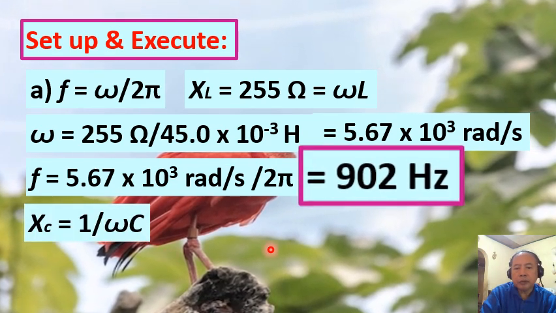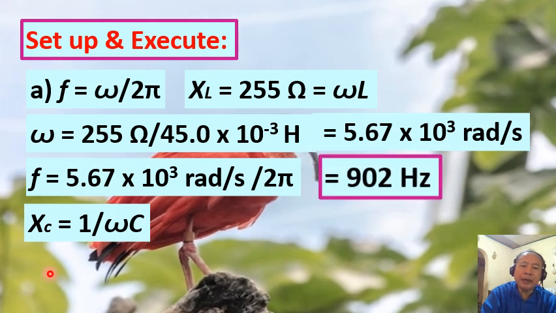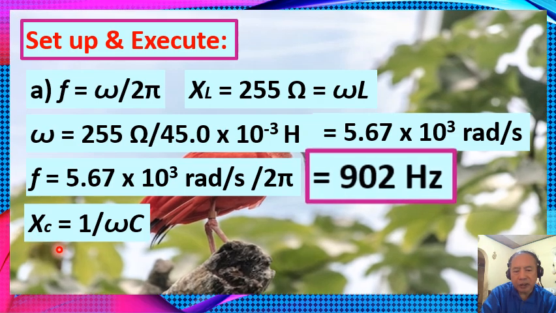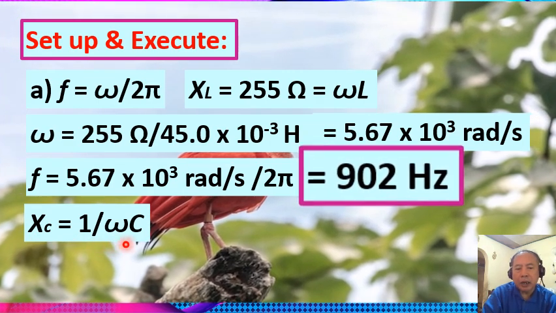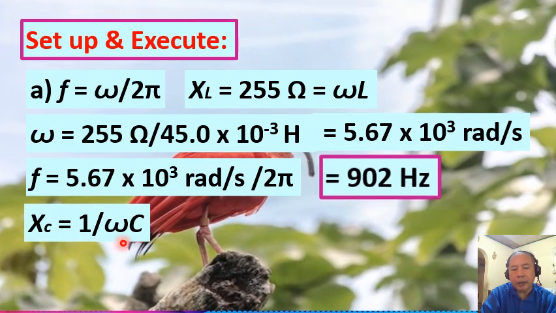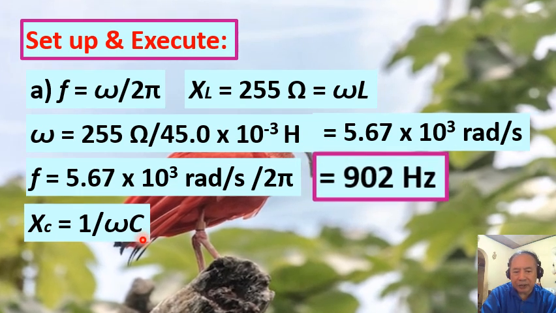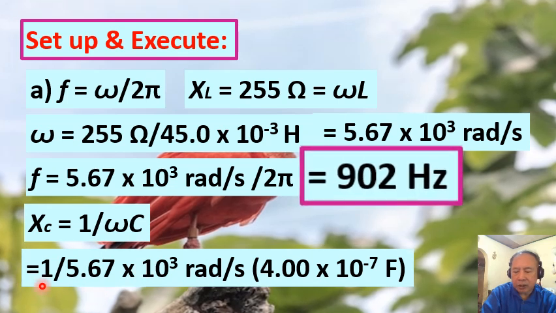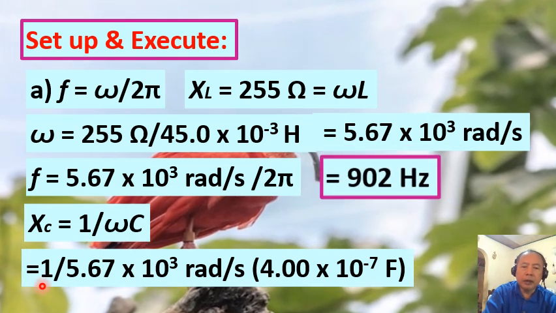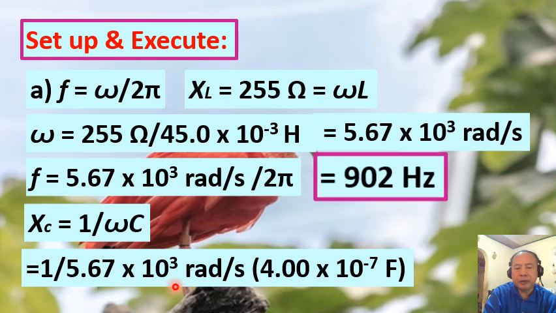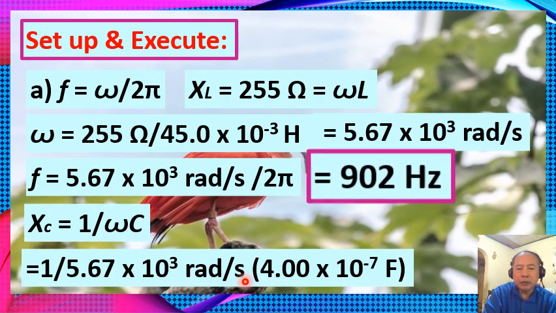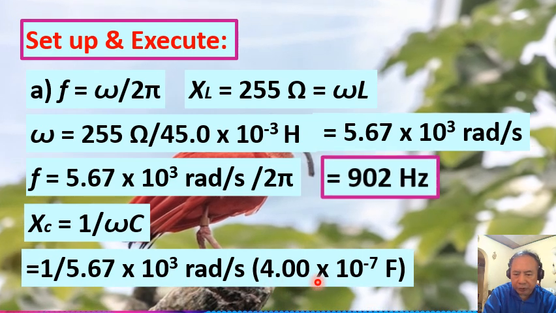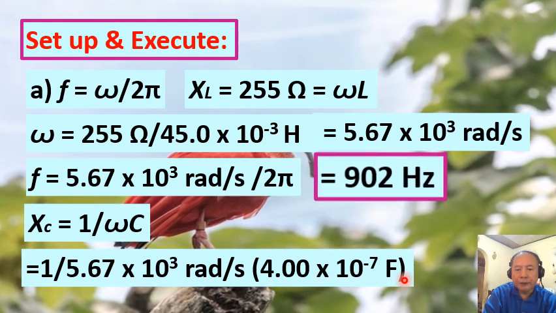At this point, we also determine the value of the capacitive reactance X sub C, which is just equal to the reciprocal of the product of the angular frequency omega and the capacitance C. That is, X sub C is just equal to 1 over 5.67 times 10 to the third radian per second multiplied by the given capacitance, 4.00 times 10 to the negative 7 farad.